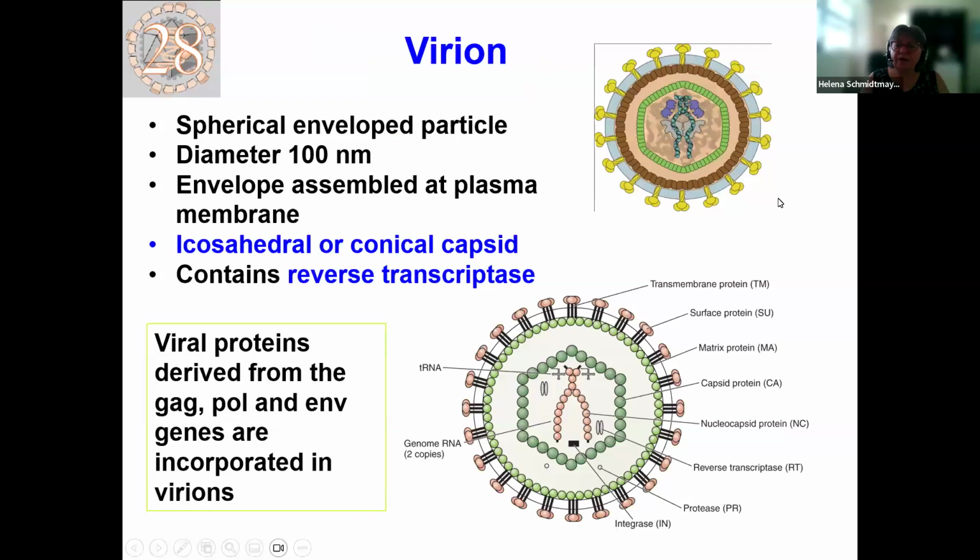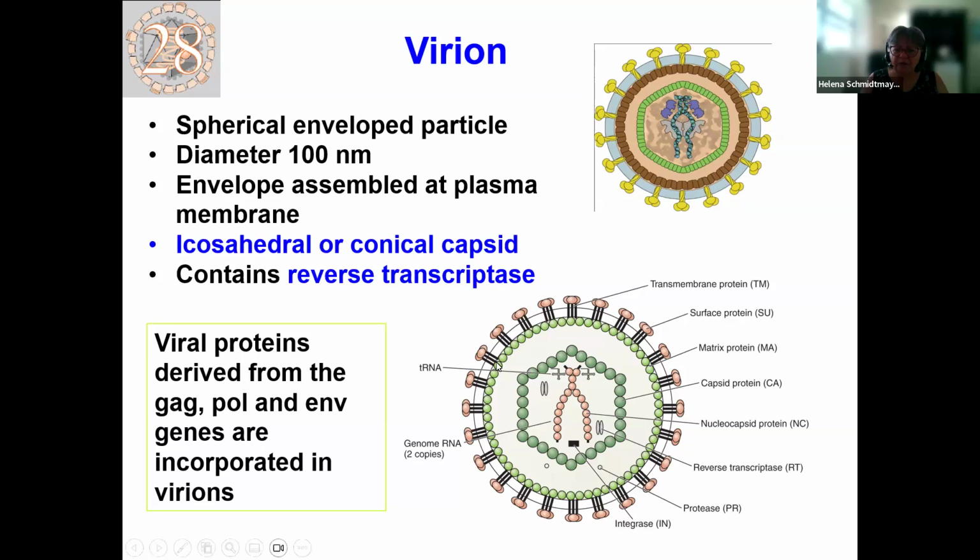retroviruses. The retrovirus virion is spherical, with an envelope. The envelope is derived from the cell membrane, and within the envelope they have surface proteins which bind to target cell receptors. They also have a transmembrane protein which is involved in the fusion with target cells.